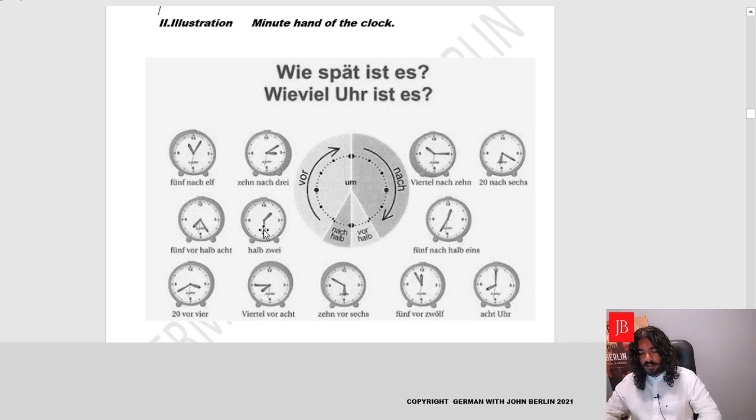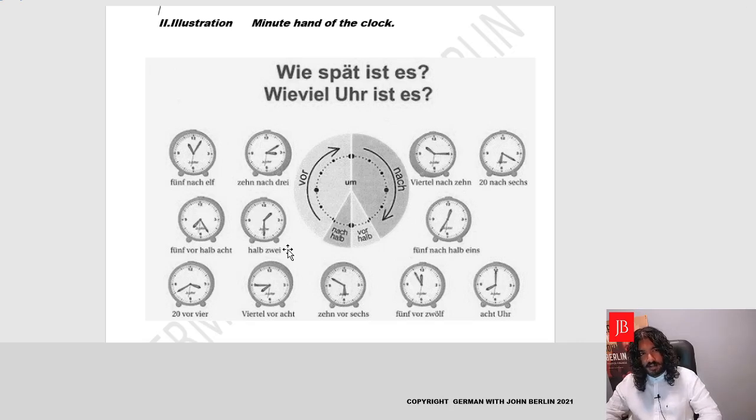It's 1:30. So whenever someone asks you to meet at halb 2, halb 3, halb 4, whatever the time is, it will not be 2:30, 3:30, 4:30, but it will be 1:30, 2:30, 3:30. Why? Halb 2 means half 2, which is 1:30. Halb 3 means half 3, which is 2:30.